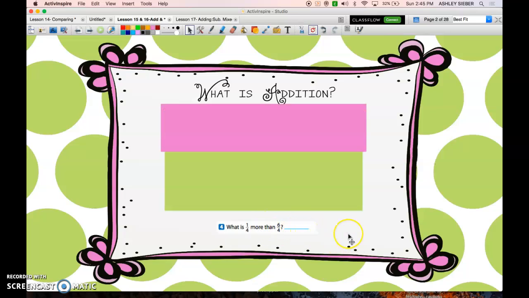You try this one. What is 1/4 more than 6/4? I know that means 1/4 plus 6/4. Show me the picture and the number line of 1/4 plus 6/4. Pause the video and then check your work.